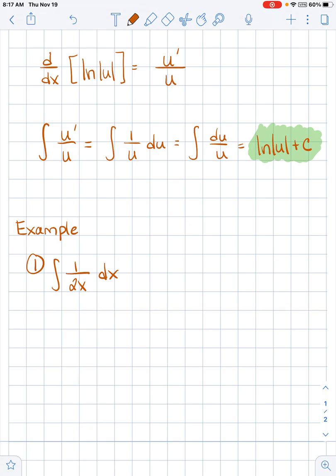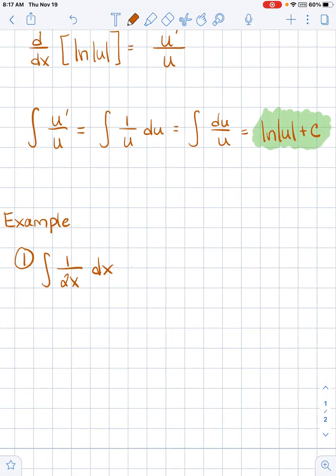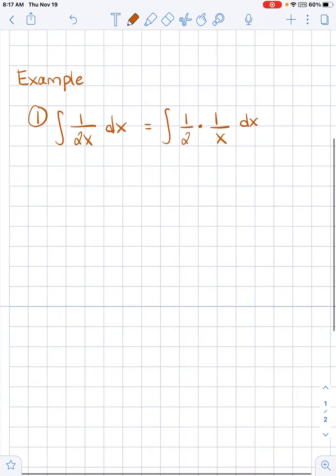There's a couple of things that can go wrong with that. First of all, you have to think about the fact that 2 is also in the denominator. So we can get around that though. If we rewrote this as 1/2 times 1 over x dx, then that 1/2 is just a constant that can easily be brought out of the integral.